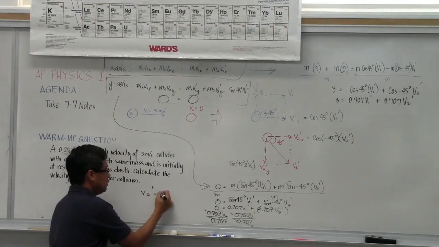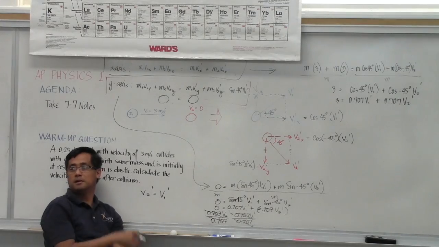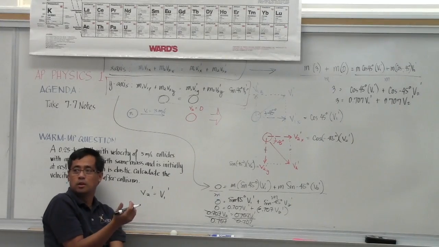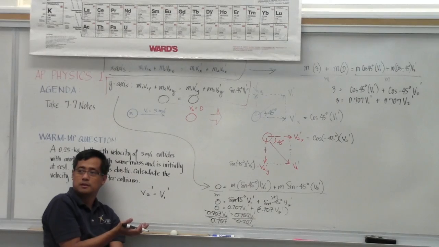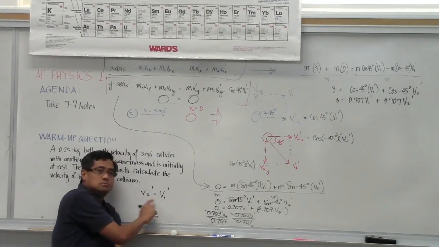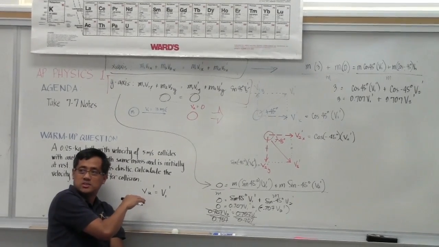V2 prime is equal to V1 prime. Now again, will they always be the same? No, it all depends on the angle. When the angles change, then obviously they won't be equal to each other. But what's important is you try to isolate one of the primes on the y-axis.